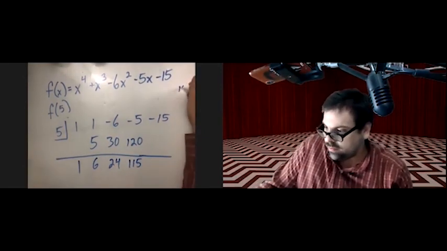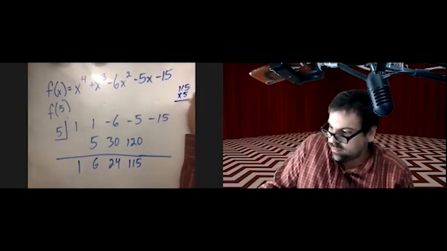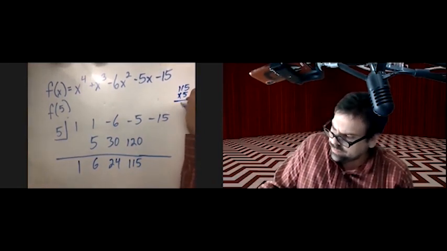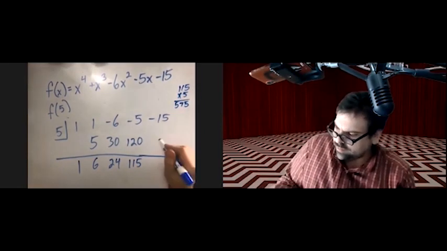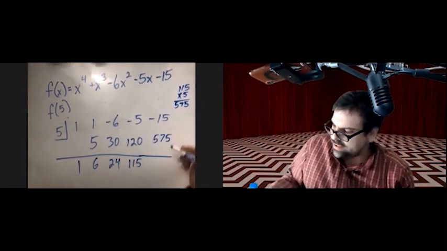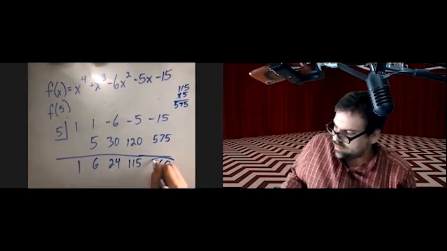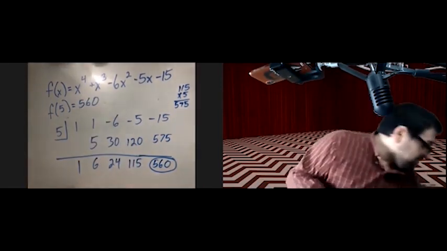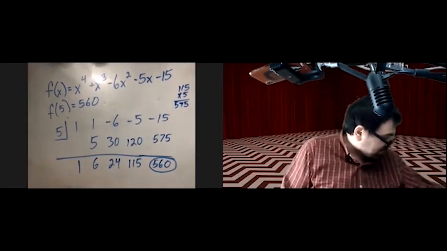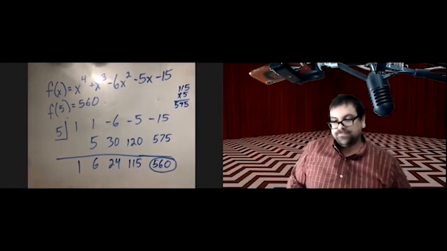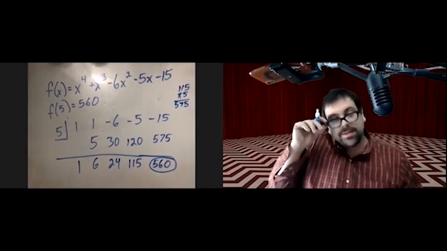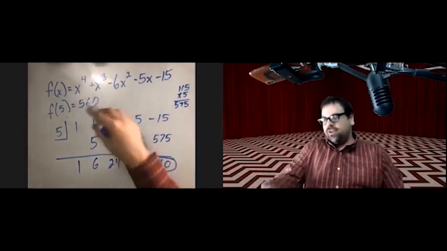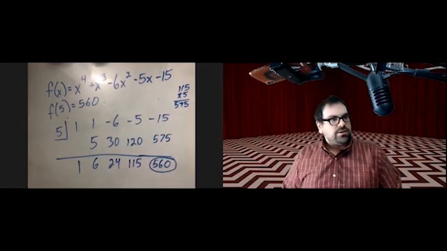Multiply and add. The remainder is 560. So f of 5 is 560. Yep. Same answer as if you plugged in 5 for x everywhere and figured it out long way. A lot faster. What an amazing, amazing outcome.